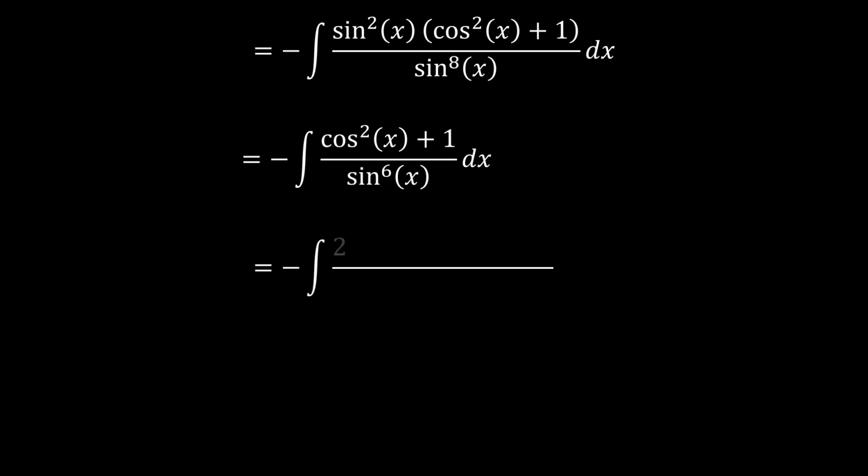And then I could express 1 as cosine squared x plus sine squared x, so we have 2 cosine squared x plus sine squared x.